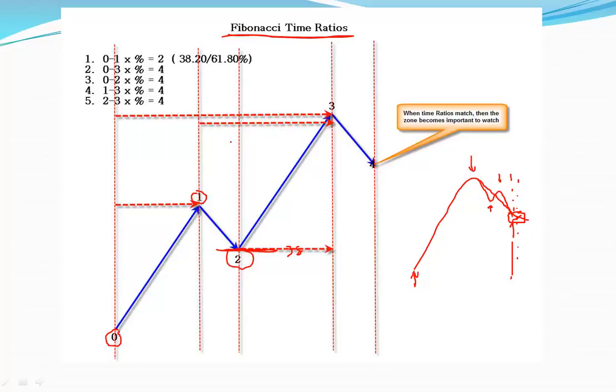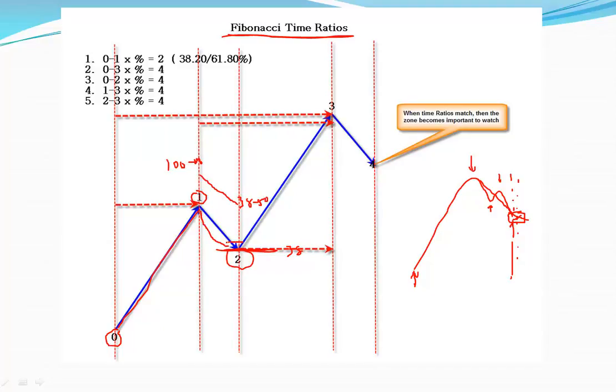So what we look at is, for instance, let's just say the market went up for 100 minutes. When we look at the corrective process, we would say, okay, maybe 38 minutes to 50 minutes it's going to take to correct from here to here.